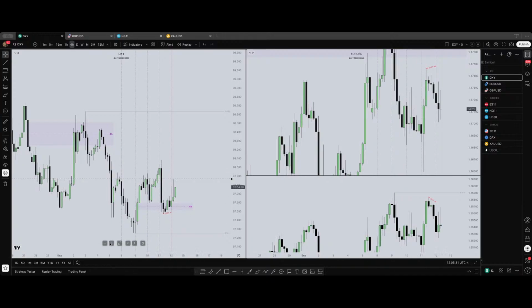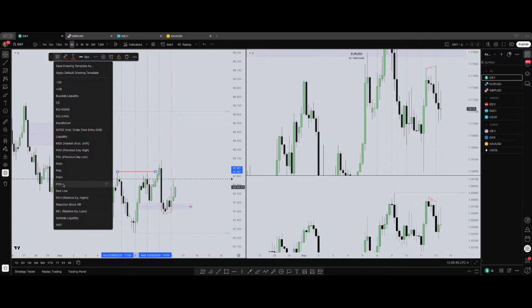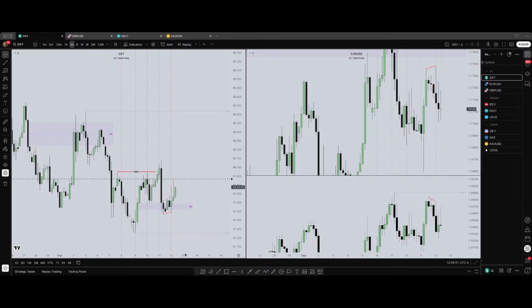We have a market structure shift here, on the 4-hour. This is not out, so it's a very strong confirmation. Market structure shift here, and retracement.